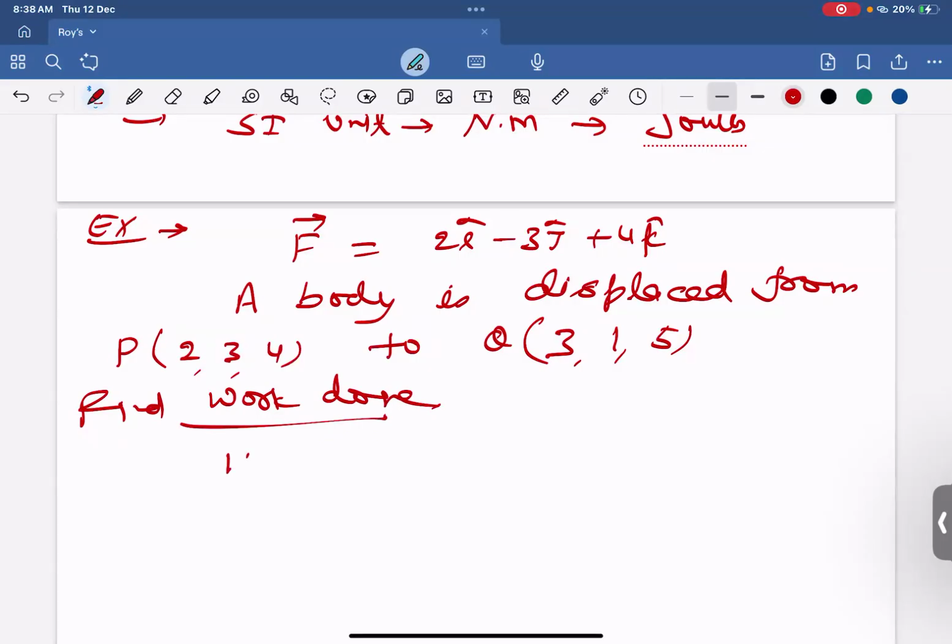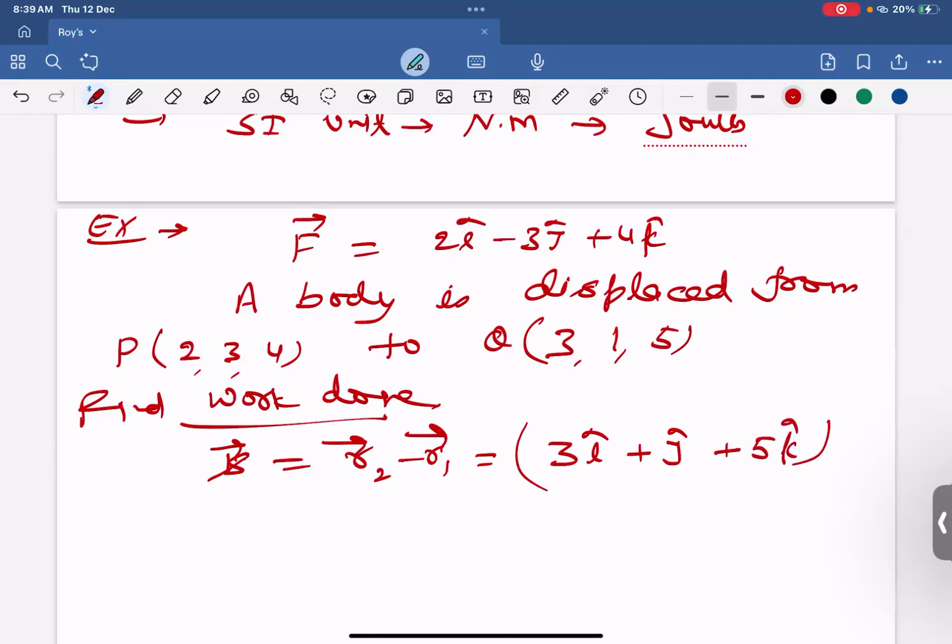In that case, first, force is given. Displacement we can find by the final position vector minus the initial position vector. The final position vector is 3, 1, 5, so I can write 3i cap plus j cap plus 5k cap, and the initial position vector is 2i cap plus 3j cap plus 4k cap.